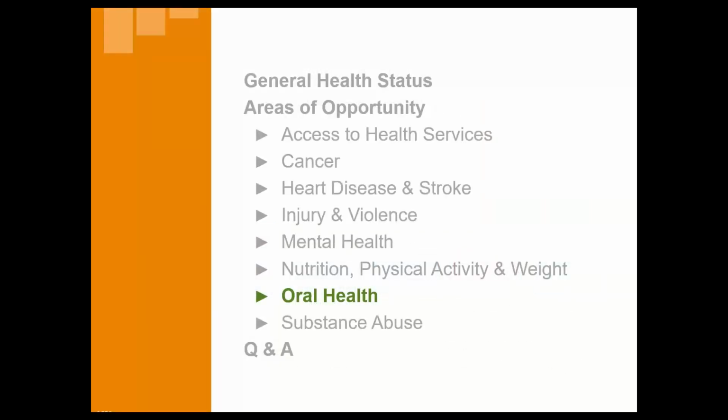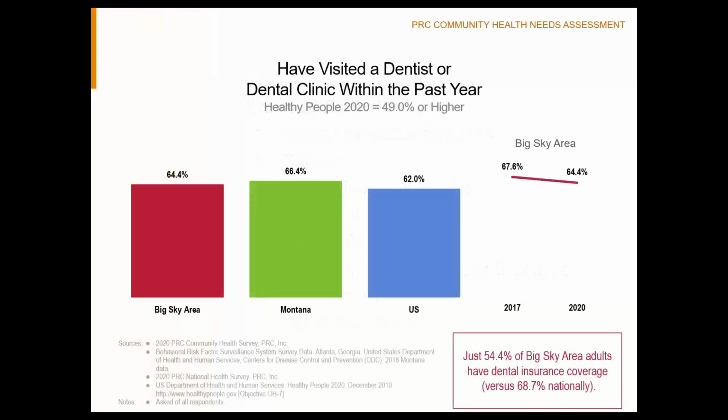Oral health is the next area of opportunity I want to go over today. Certainly also important to consider when looking at access to care is access to oral health care, or visiting a dentist or dental clinic in the past year. You can see the red column here is 64.4% of respondents reported visiting a dentist in the past year, similar to state and national findings, and similar compared to 2017.